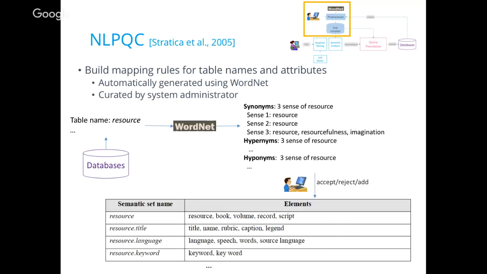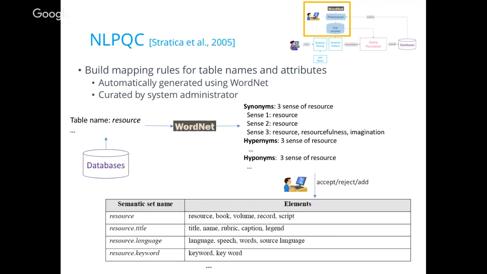The reason for involving the admin here is that if you are familiar with WordNet, you will know every word is associated with different senses. So depending on the word sense, the synonyms, hypernyms, all those things can be different, right? But given the database by itself, it's very difficult to do sense disambiguation. Word sense disambiguation without context is very challenging.